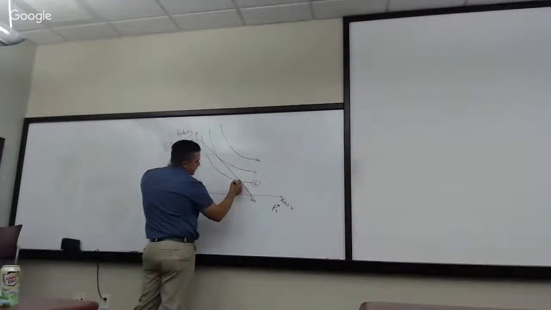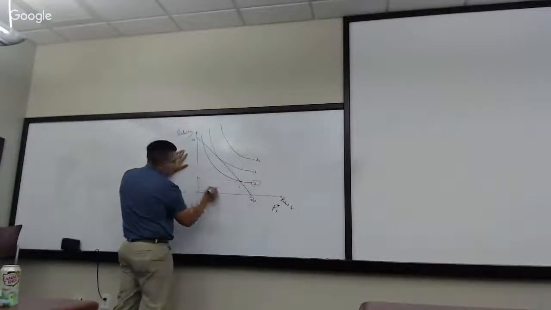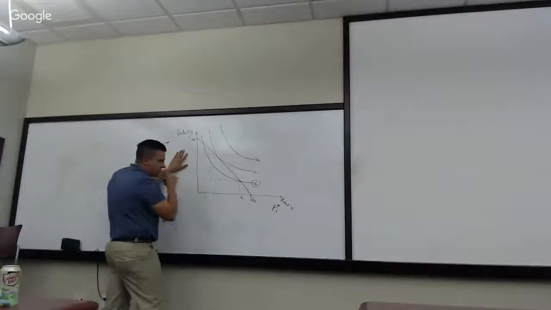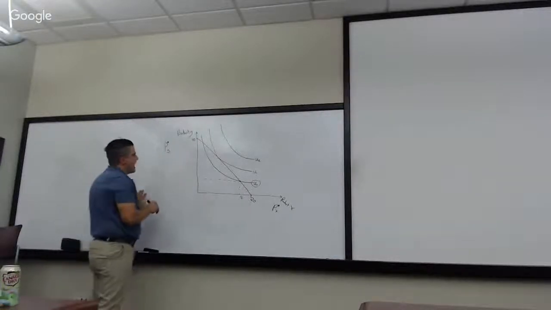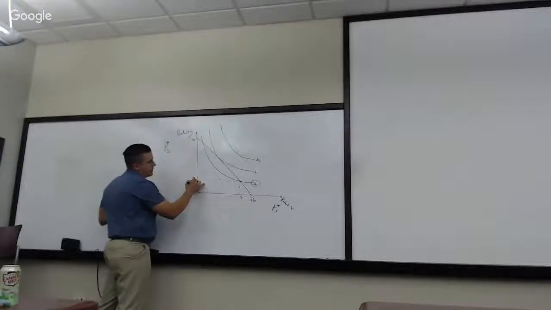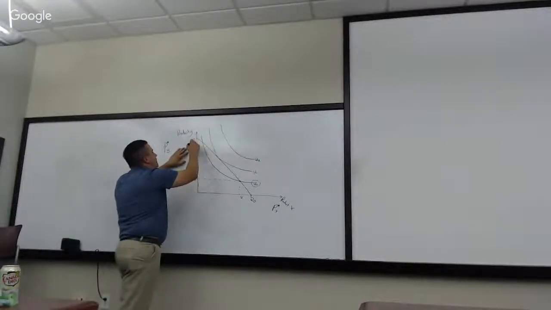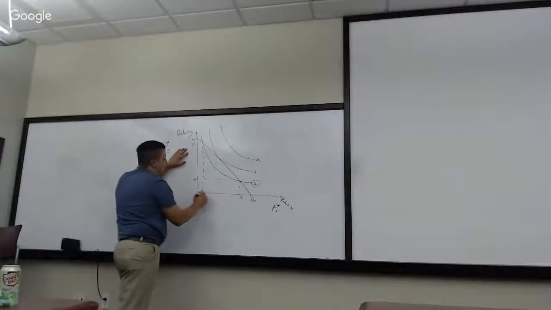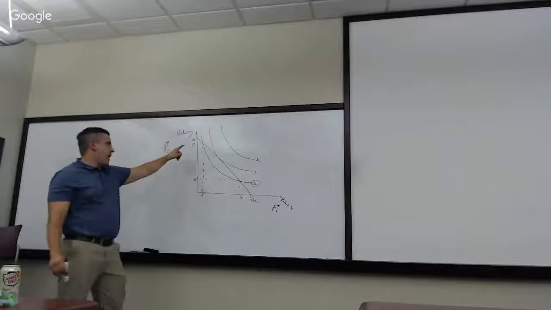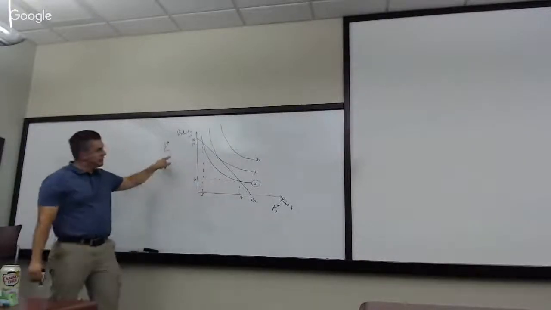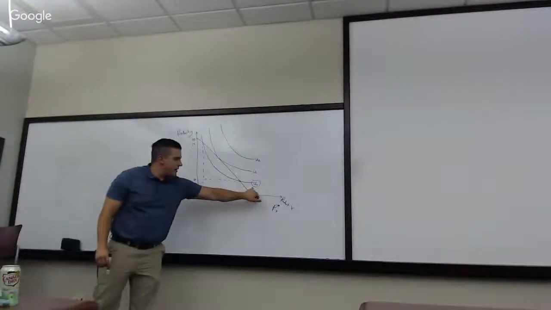This consumer can either be buying, let's take a guess here, 15 units of good X and 10 units of good Y. Or if they're operating up here, they can be buying 35 units of good Y and 5 units of good X. If they're operating at either of these two bundles, then they're on this curve, U0.